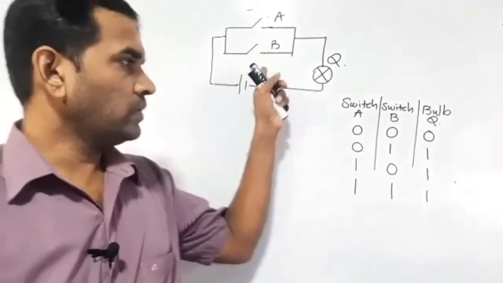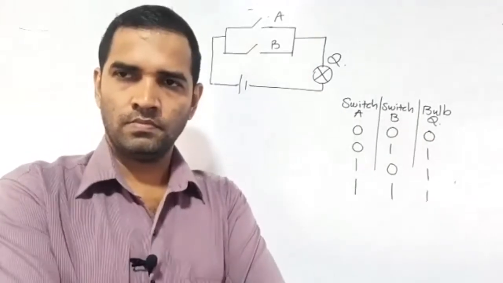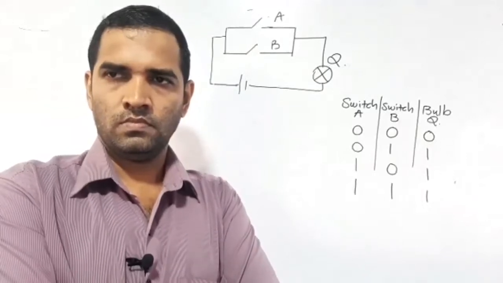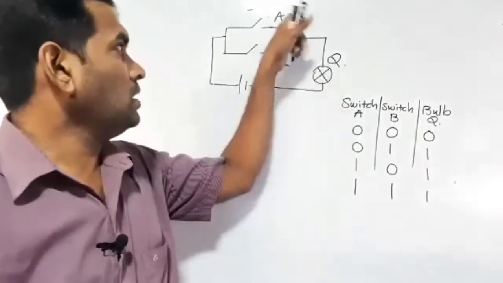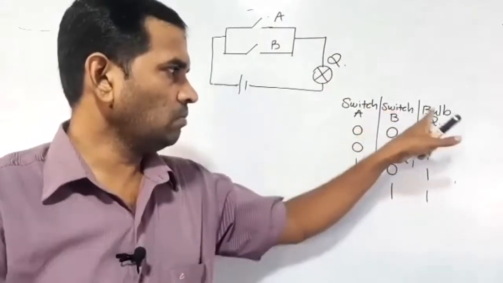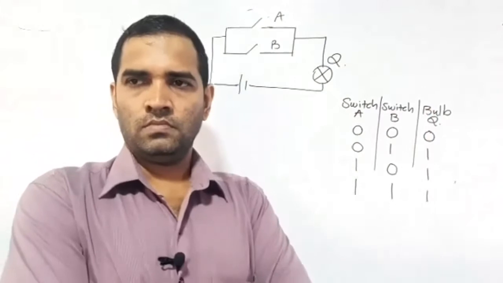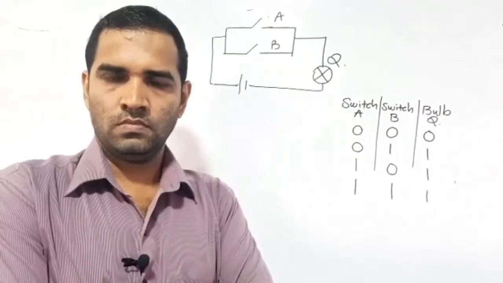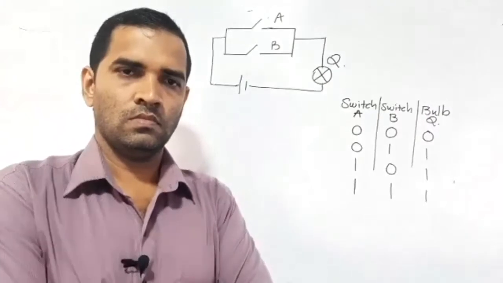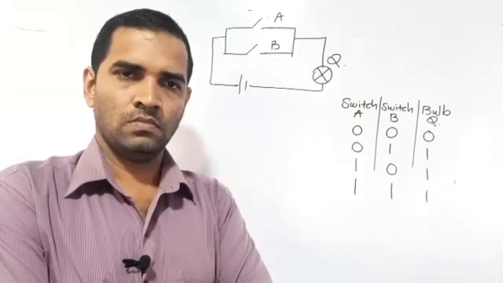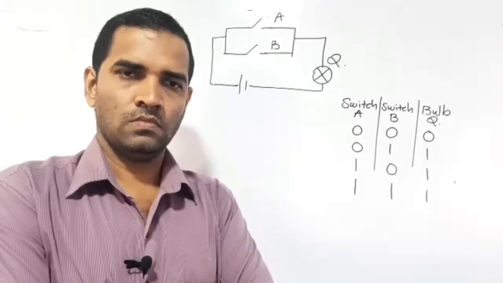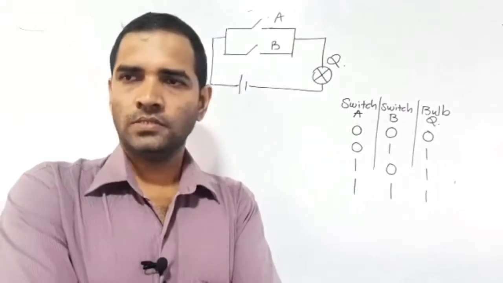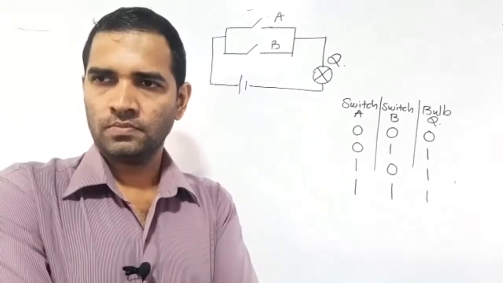Right, do both. Draw this one first and then write the table. This is A, B, here Q. Switch A, switch B, bell Q. Finished?